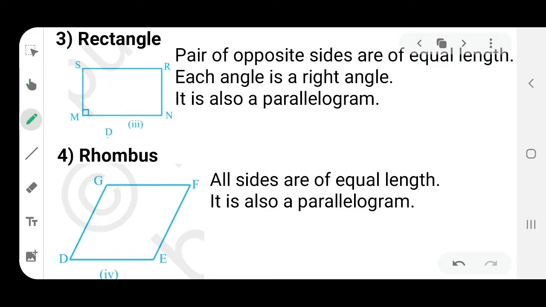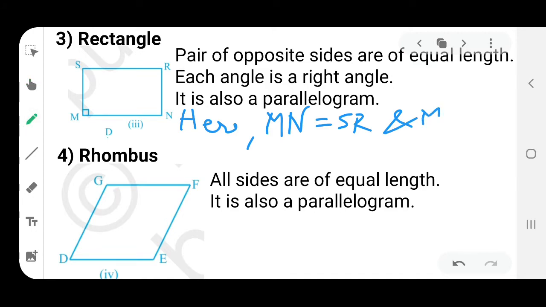That is, we can write here MN is equal to SR, and also the opposite pair of sides, that is MS and NR, MS is equal to NR, like this. Okay, so this is what pair of opposite sides of equal length means.